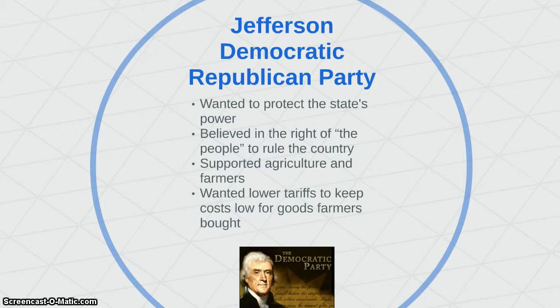He also supported agriculture and farming, and that's because agriculture and farming was much more important to the southern economy at that time. The plantation system was still firmly in place. Farmers in the South were making vast profits through farming, partially because of the slavery that was taking place there. But agriculture is very important to the southern economy, so Jefferson wanted to promote that.